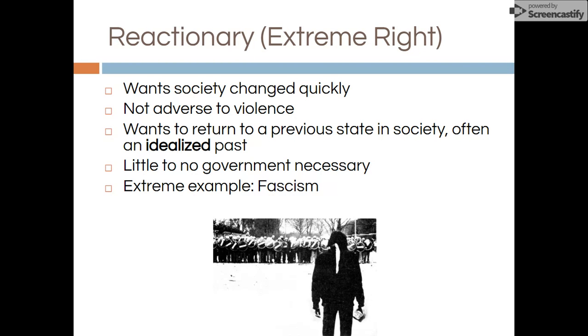They want as little government as possible. If they could, they would have pretty much no government involvement. Okay. An extreme example is fascism. The Nazi Party was considered fascist. Italy during World War II would have been fascist as well. So little to no government involvement.